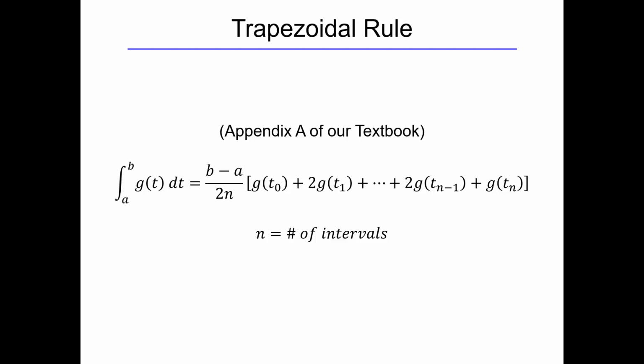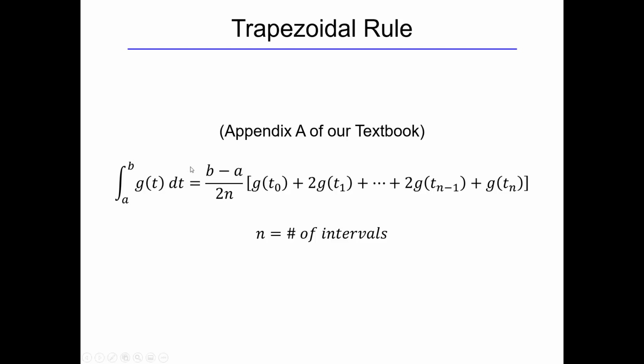Here is that equation. So if we want to take the integral of some data, the velocity data that we have, that's that g of t. And we want to integrate over a certain time from a to b. The way that we would do that is what is on the right side of that equal sign.